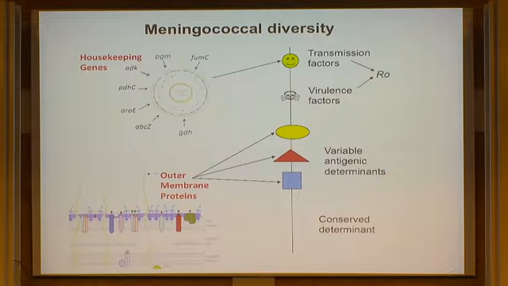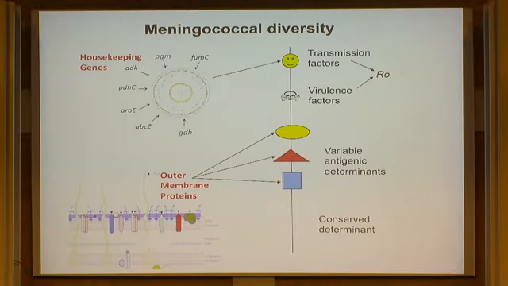So using that same scheme, you have the antigenic types being characterized in a multilocus manner, but you also have the housekeeping genes, or some sort of construct of metabolic type, which is now contributing to transmission.